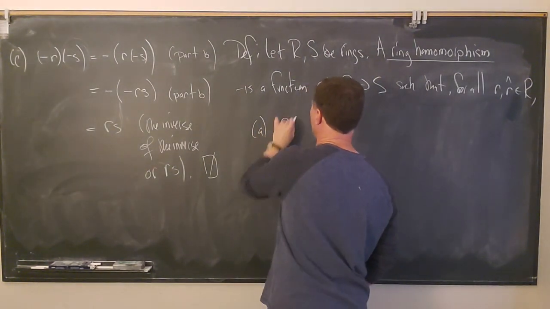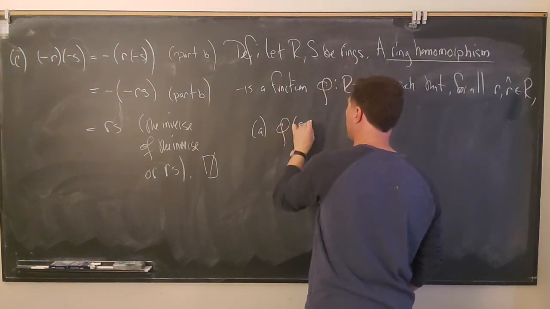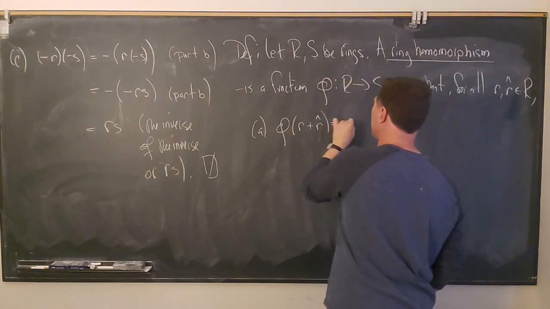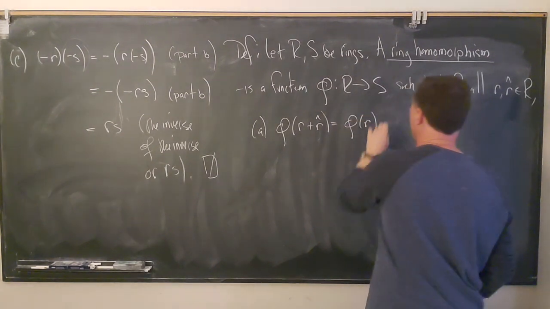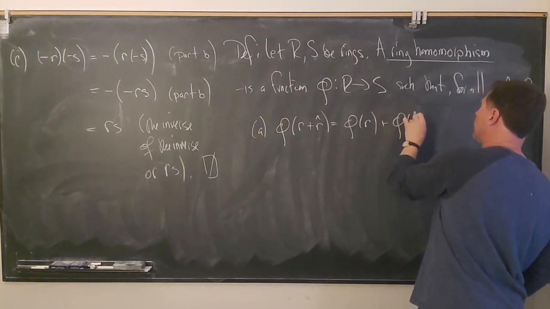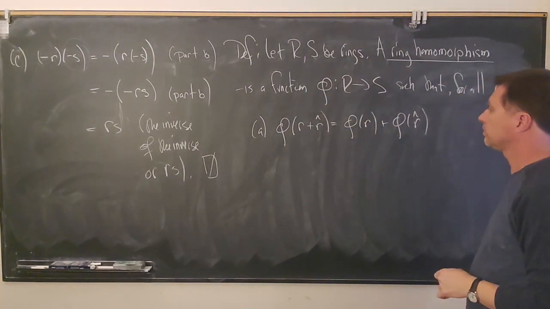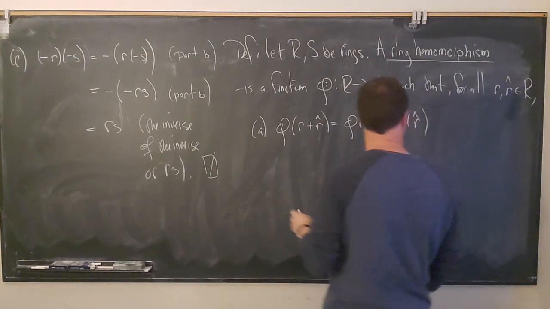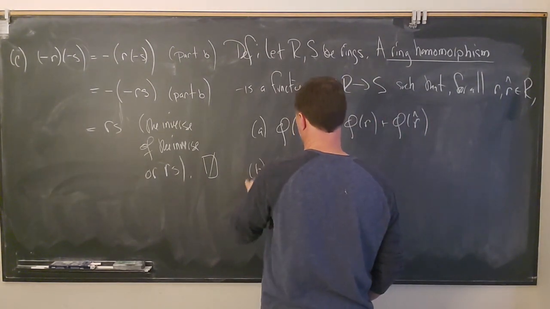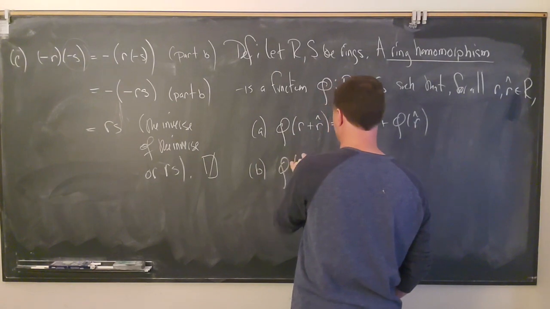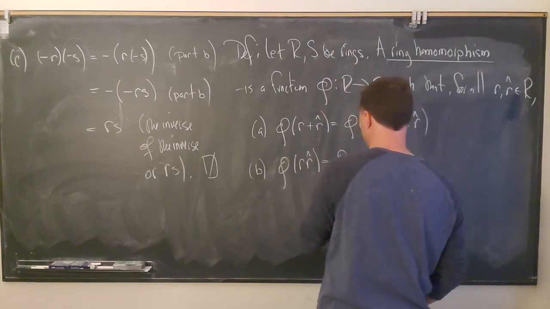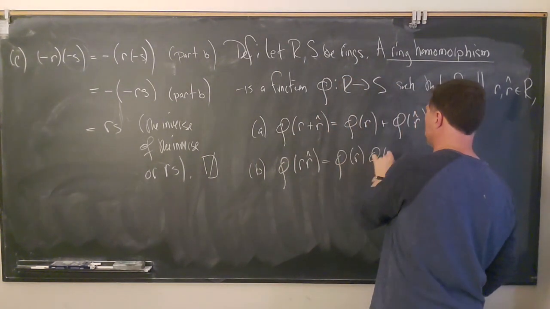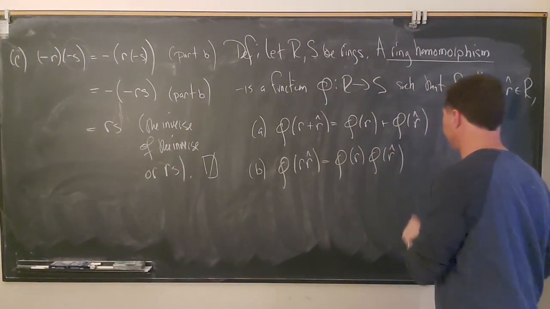First, phi of R plus R hat is equal to phi of R plus phi of R hat. And the second property, phi of R times R hat is equal to phi of R times phi of R hat.